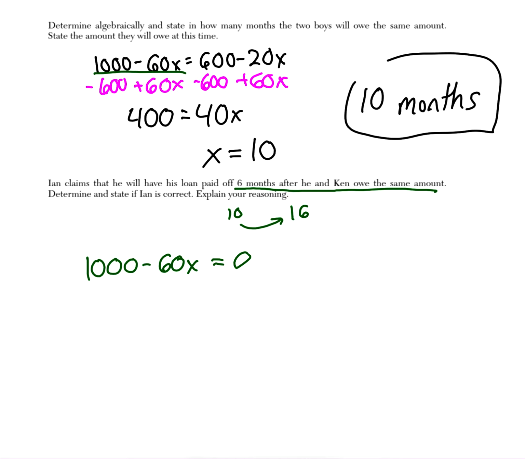So I'm just gonna solve for x from here. So subtract 1,000 on both sides, you get negative 60x equals negative 1,000. And then I'm gonna do negative 1,000 divided by negative 60 on both sides. And you should get x equal to 16.6 repeating. And that would be in months.